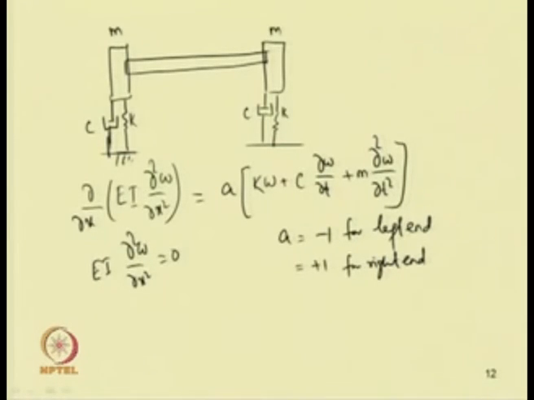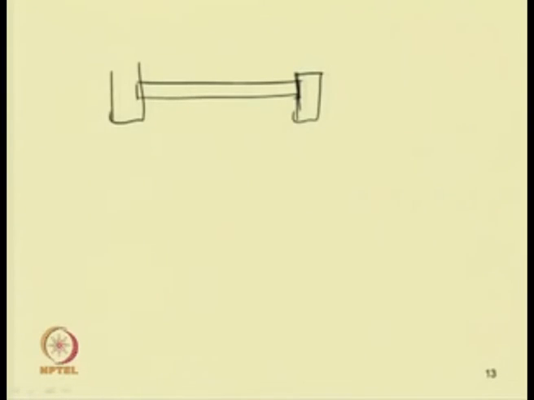Instead of taking this linear spring and damper, one can take the torsional spring and damper also. In this case, let us take a rotary mass also, a mass with moment of inertia I, and let us take a torsional spring and torsional damper.